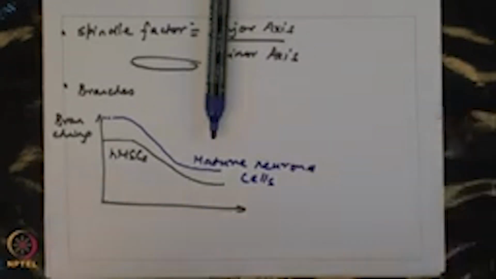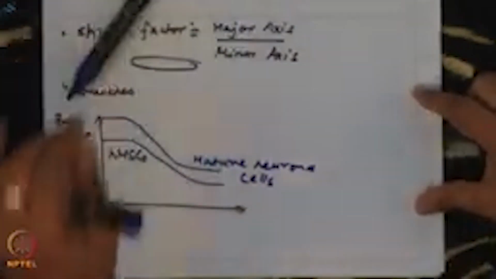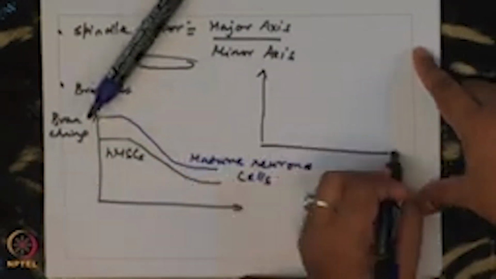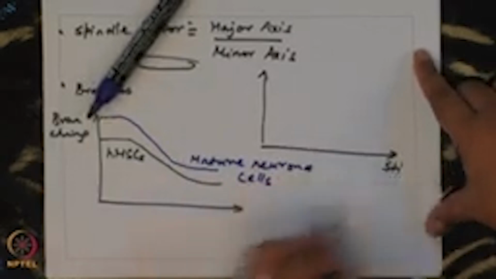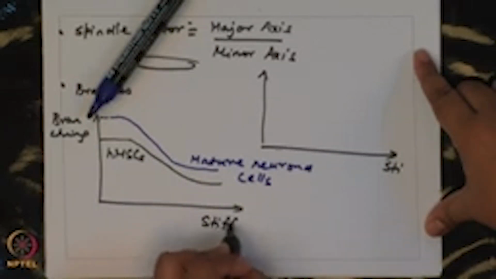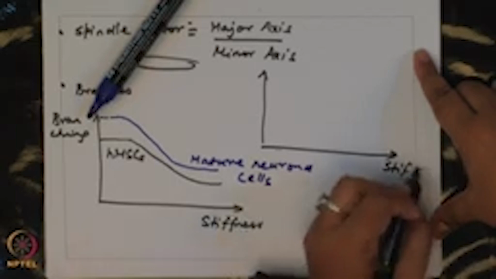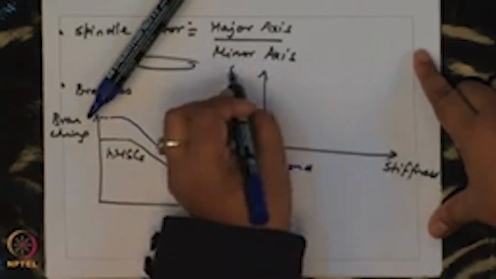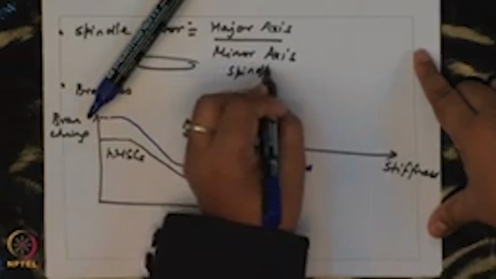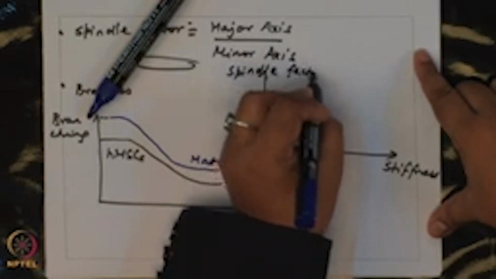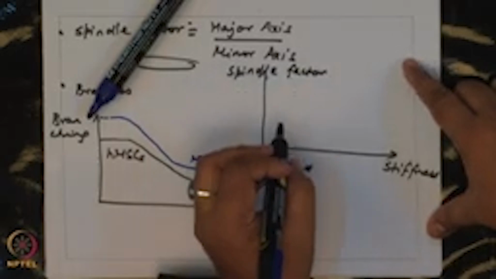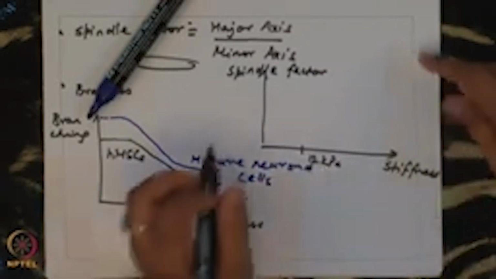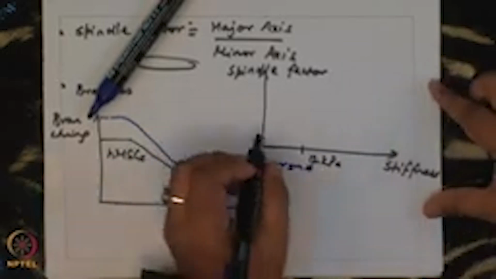So, you had maximum branching on the softest surface. Not only that, if you plotted the spindle factor, this is your stiffness axis, and this is your spindle factor. This is your 12 kPa, which roughly correlates with the stiffness of muscle tissue.